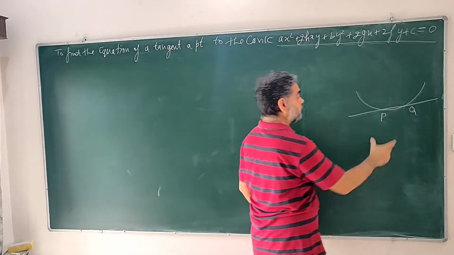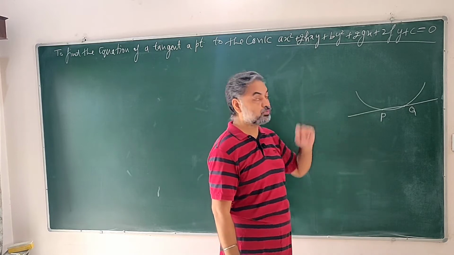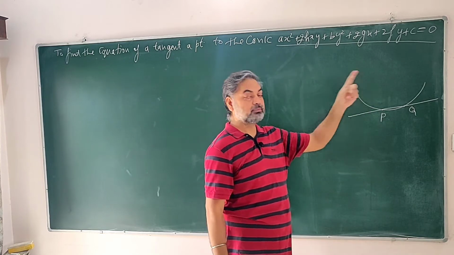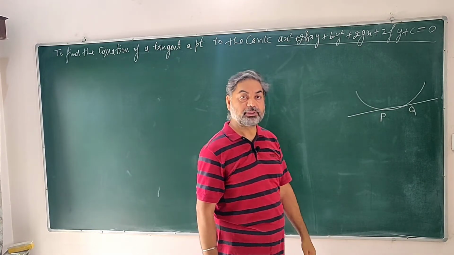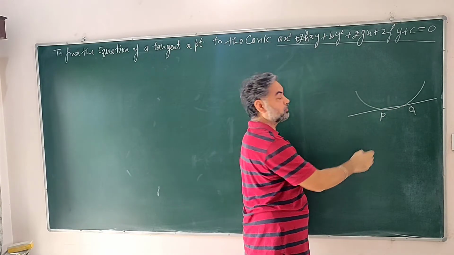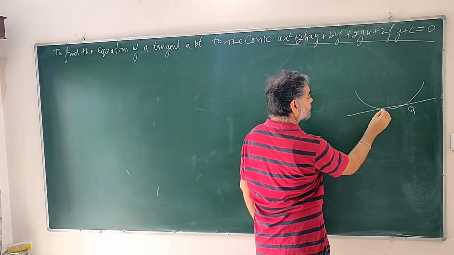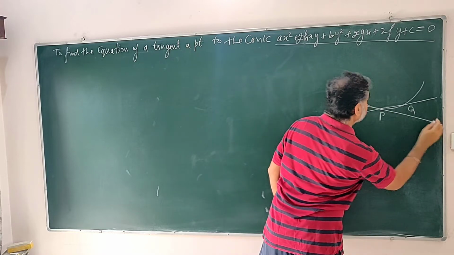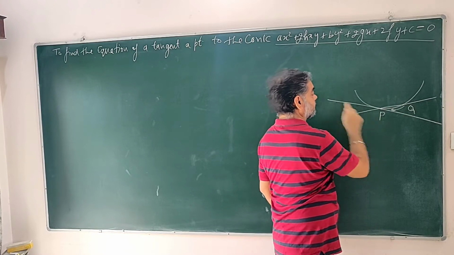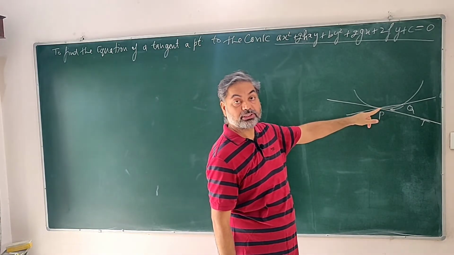Alright, so this chord will become the tangent to this conic at the point P if this Q comes closer to P and coincides with P. So as Q comes closer to P, this line will become this line. The line PQ will become the tangent line if Q comes closer to P and coincides with P.